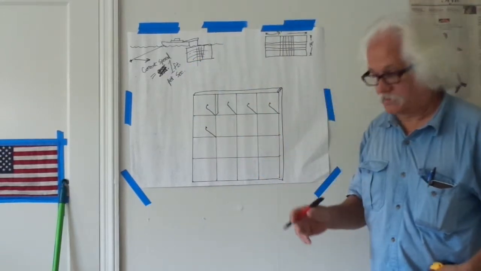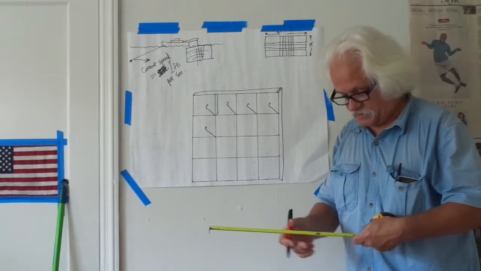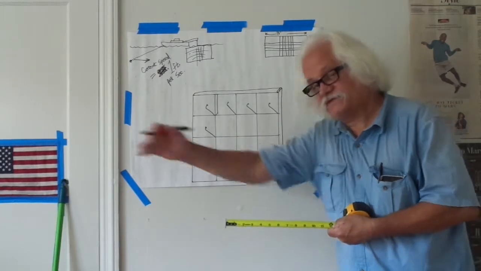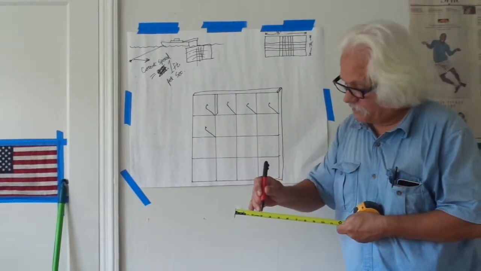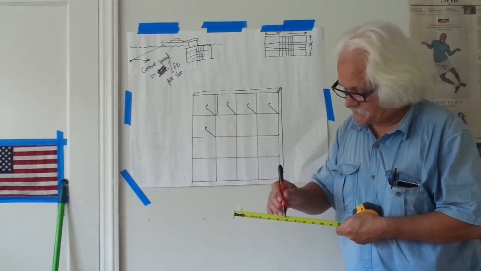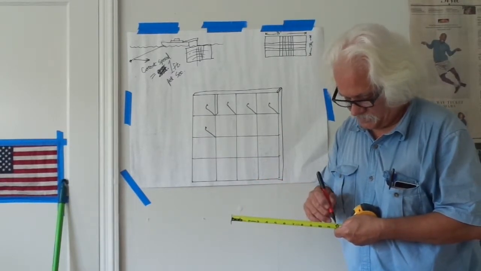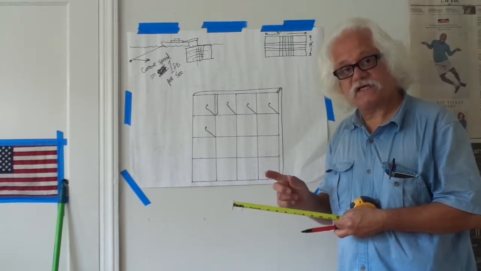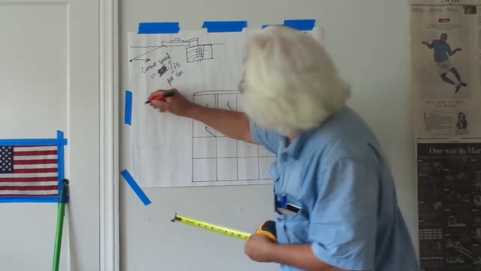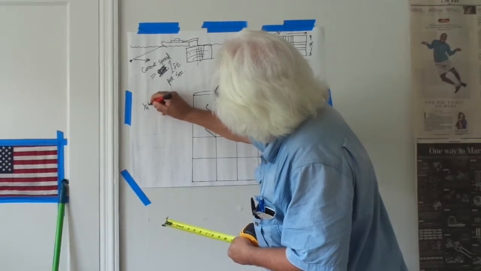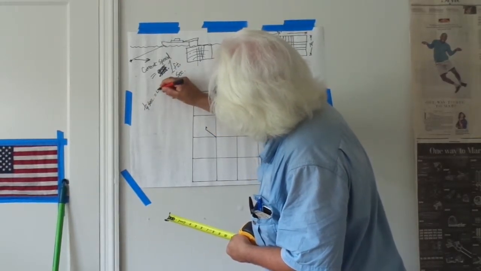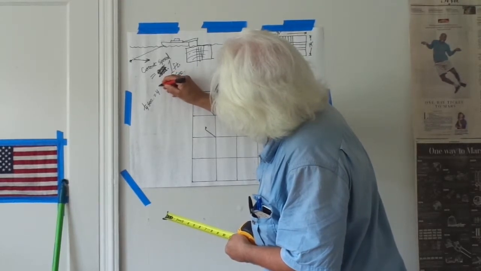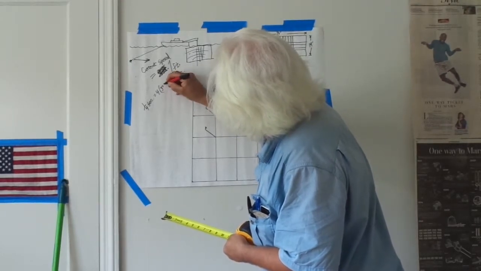Okay? Now, the reason that's important is in 1 foot, in 1 second, every quarter second, you're going to have 1, 3, 6, 9, 12. Every quarter second, you're going to have 1 quarter second equals 4 3-inch blocks.